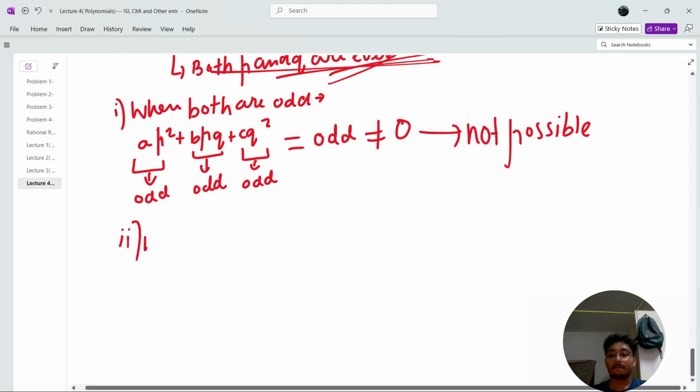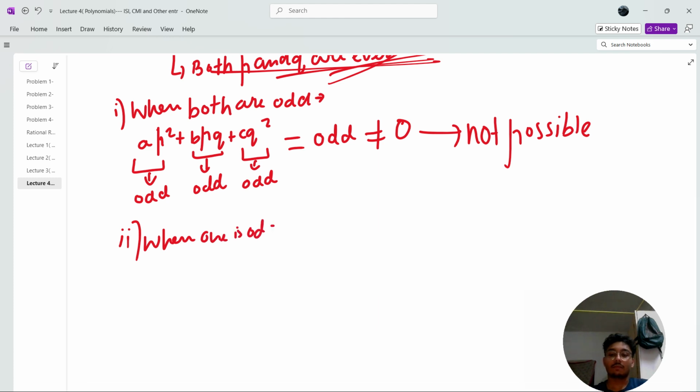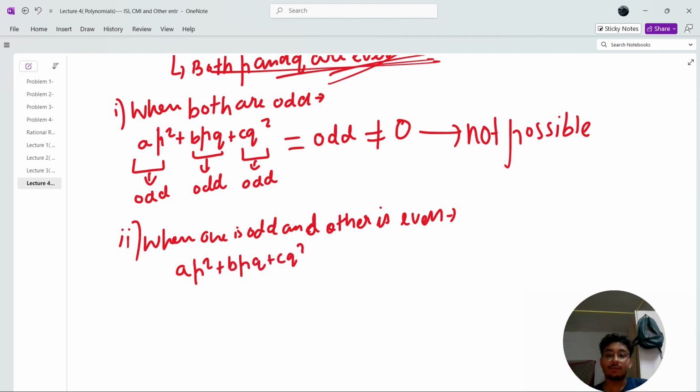Next case, when one is odd, other is even. What am I having? AP square plus BPQ plus CQ square.